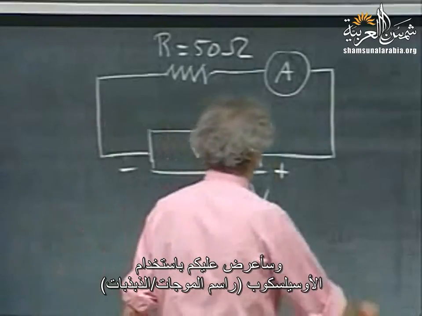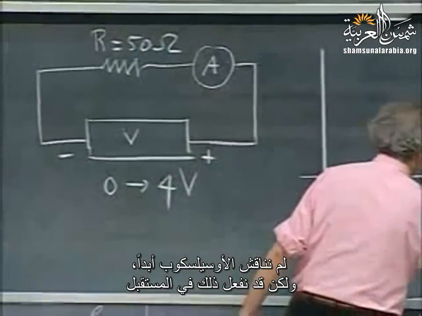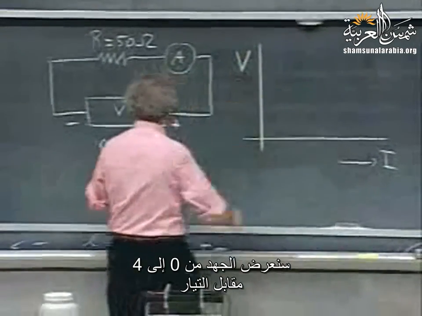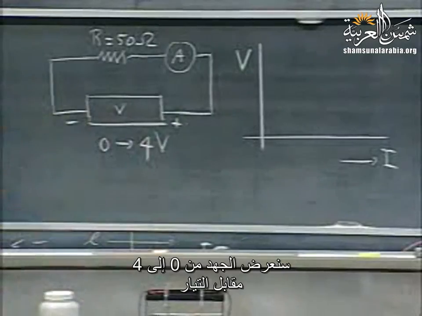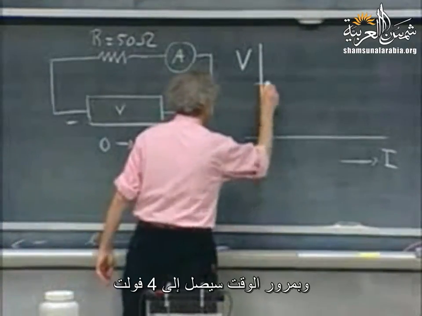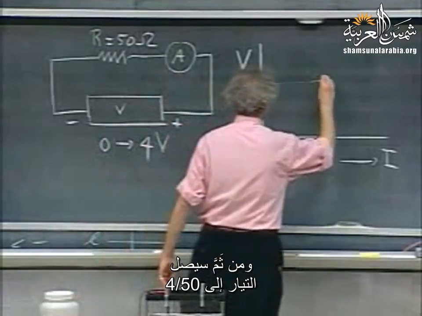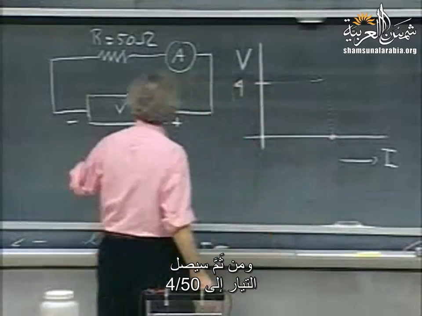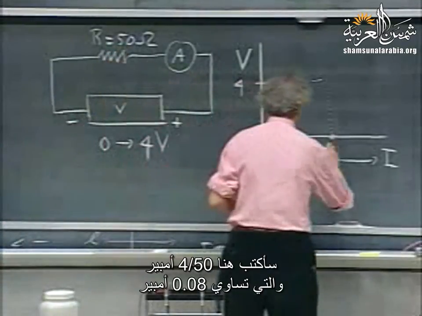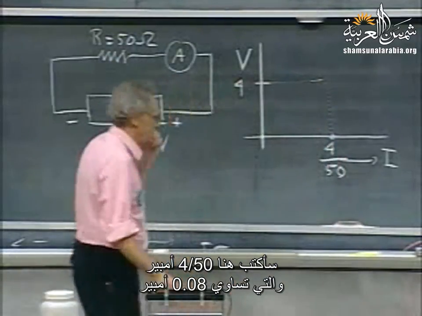And I'm going to show you on an oscilloscope. We've never discussed an oscilloscope, but maybe we will in the future. I'm going to show you there projected the voltage, which goes from 0 to 4, versus the current. And so it will start here, and by the time we reach 4 volts, then we would have reached a current of 4 divided by 50. According to Ohm's law, 4 divided by 50 amperes, which is 0.08 amperes.